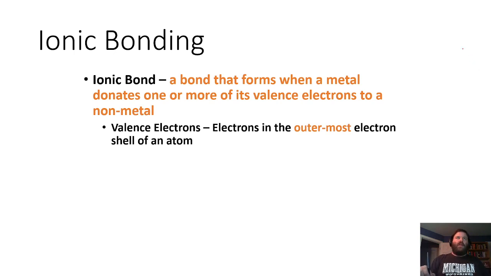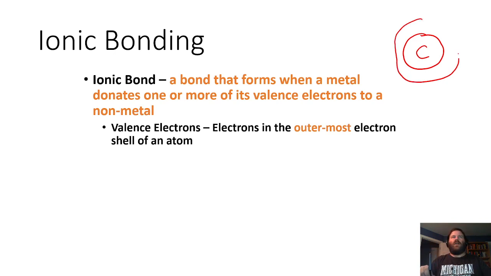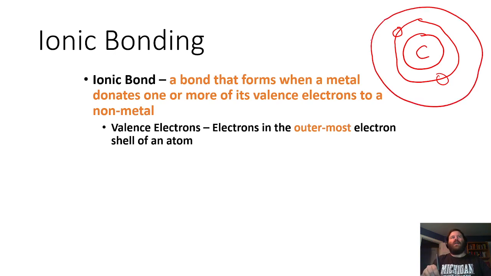When many of you were drawing your posters, for example, you might have drawn a little nucleus of, let's say, carbon. You would have 6 protons and 6 neutrons in here, and then when you were drawing the electrons, you had a first orbital that just had 2 electrons in it, and then a second orbital that had 4 electrons in it.